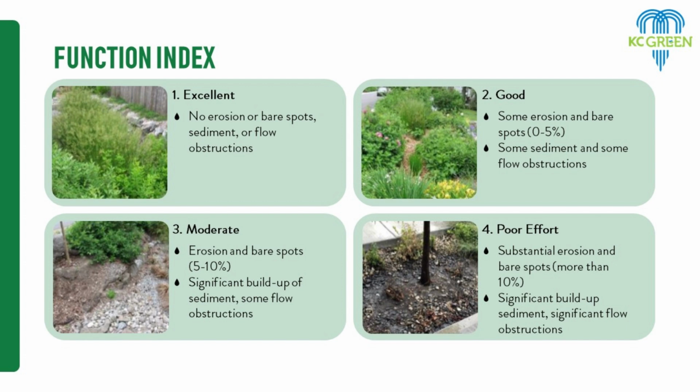So this includes excellent, you don't see any erosion; good, some erosion and some flow obstructions due to sediment; moderate, a moderate level of erosion and you're starting to see a significant buildup of that sediment; and then poor, a lot of erosion issues, a lot of sediment.